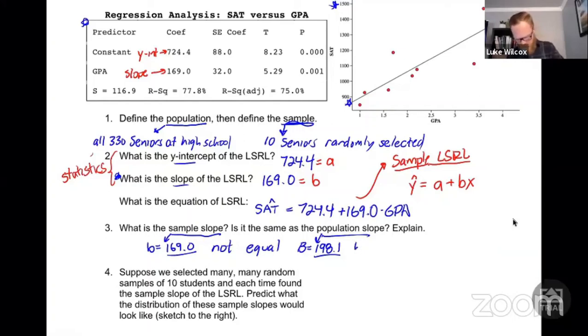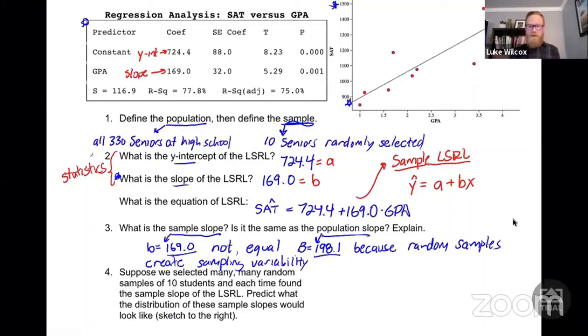So we're going to say, because random samples create sampling variability, every time you take a sample of 10, you're going to get a slightly different slope value.